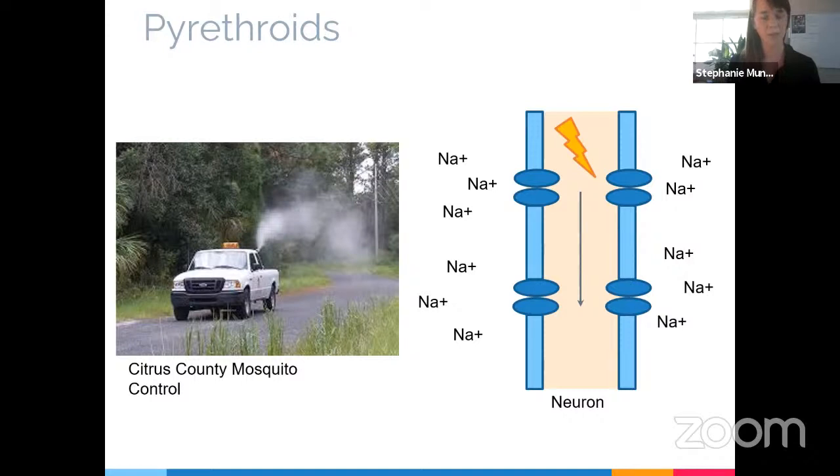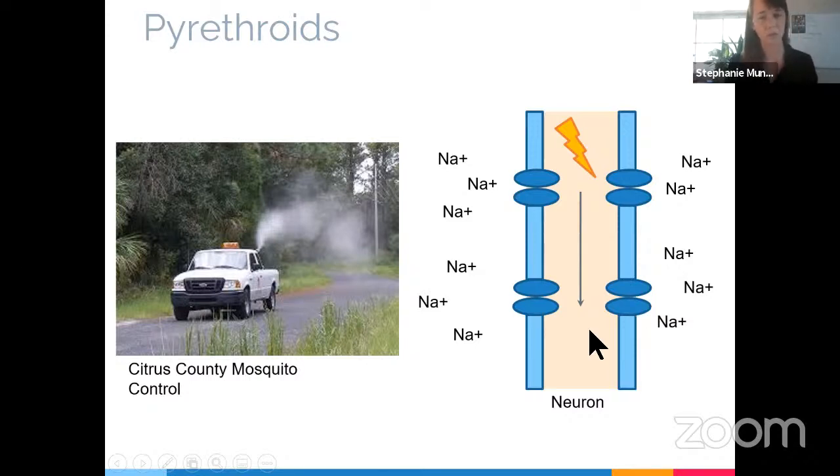One of the most commonly used tools here in Florida and all around the world are pyrethroid insecticides. The way pyrethroids work is this: this is, for example, an ultra low volume spraying from a truck in Citrus County, and this is a mosquito's neuron.